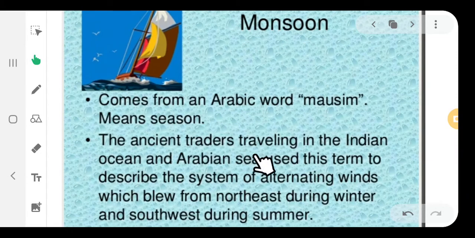The ancient traders traveling in the Indian Ocean and Arabian Sea used this term to describe the system of alternating winds which blew from the northeast during winter and southwest during the summer. So main word you have to keep in mind, this Arabic word Mawsam, it means season.